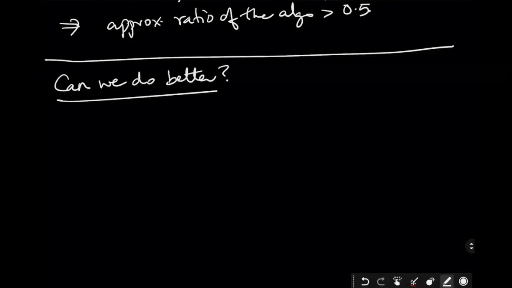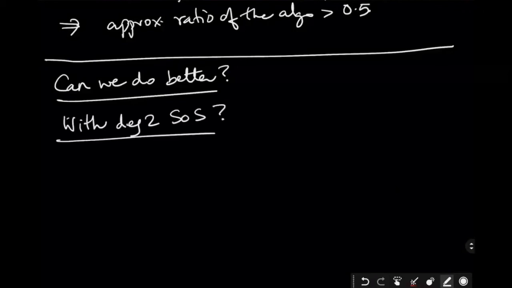We use degree 2 SOS to give some certificate of upper bound on f_G(x). Can we somehow improve it? So the most logical question based on what we did today is, can we improve it with degree 2 SOS? Can we somehow get a better approximation algorithm than just degree 2 SOS?